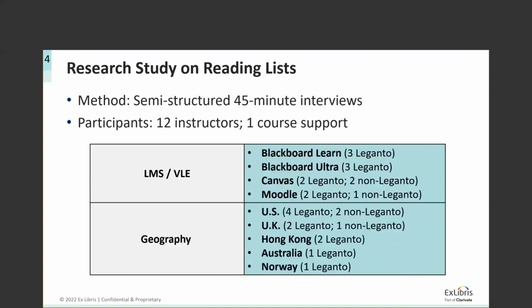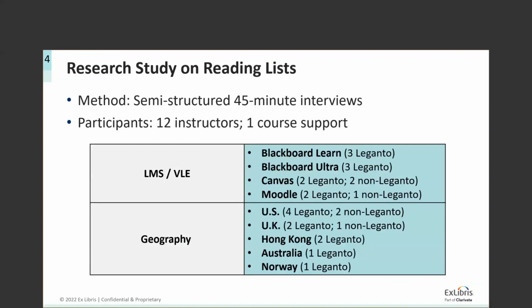And here is the list of the variety of learning management systems and virtual learning environments at those different institutions, such as Blackboard Learn and Canvas and Moodle and so forth, as well as the variety of geography. A few in the US and the UK, but then we had a couple in Hong Kong and Australia and Norway.